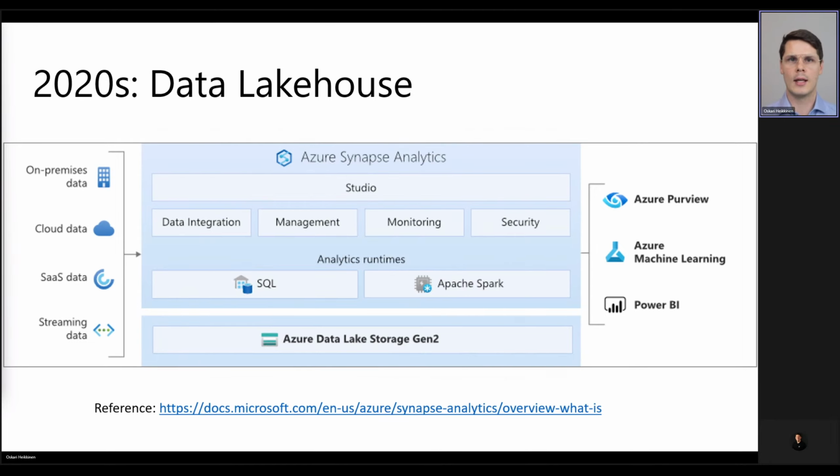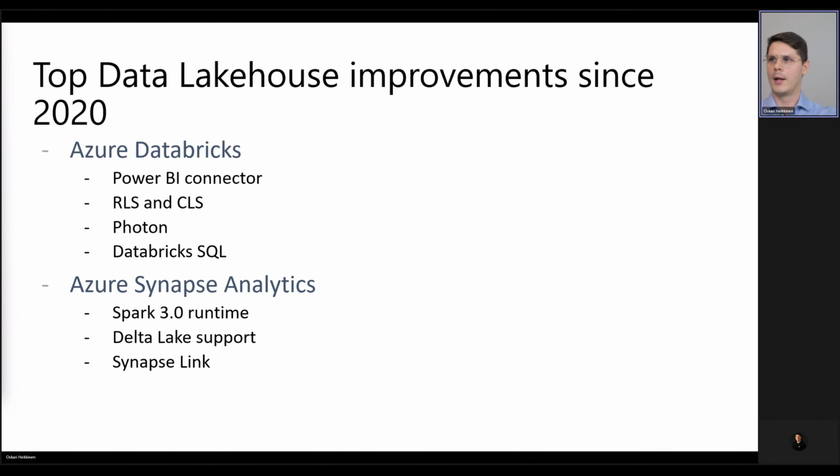So if we look at these two options that we have on Azure for building a data lakehouse, I took the top improvements that I see from the vision perspective, which of the functionalities introduced to both these options have been the most influential from an architecture perspective.